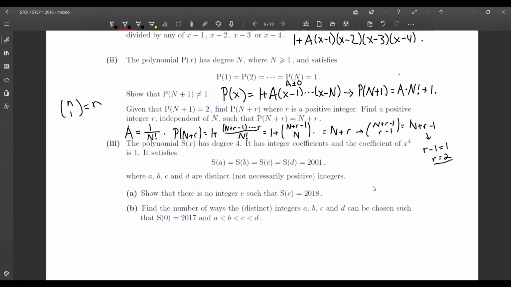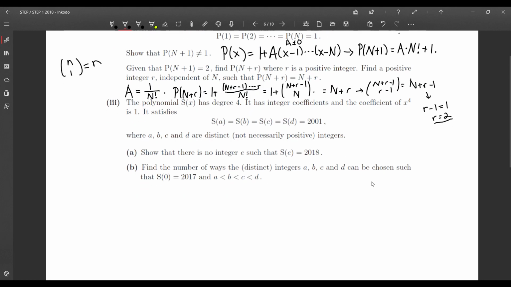Polynomial S of x. It satisfies no integer e such that. Okay, so S of x is 2001 plus (x minus a)(x minus b)(x minus c)(x minus d).